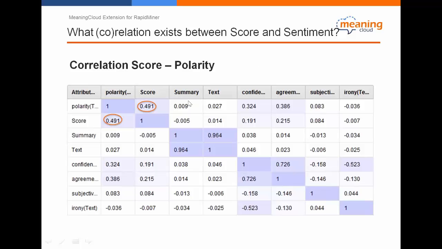We also find here different correlations between all the other attributes that are less interesting for us at this time. Anyway, what I wanted to illustrate with this example was not the value of the final correlation, but the possibility to combine these numeric attributes and the text-based attributes and find answers to interesting questions in a very agile and very easy way using RapidMiner.